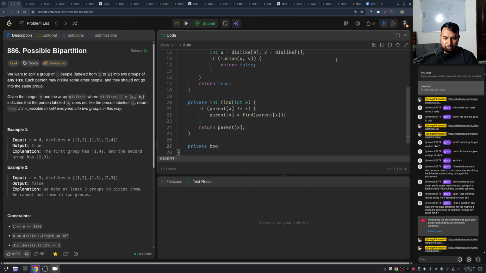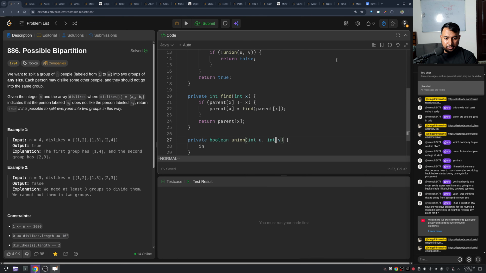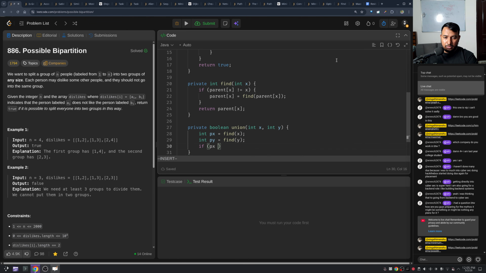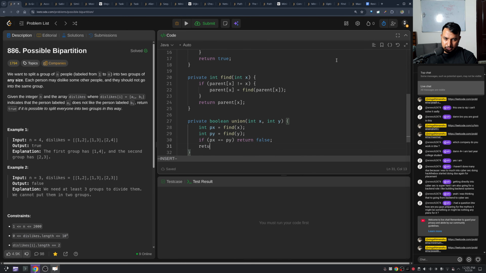We are also going to write union by rank, which takes x and y, because that's how the code is in my mind. Parent of x is find x, parent of y is find y, and if they belong to the same set we return false, otherwise we return true.